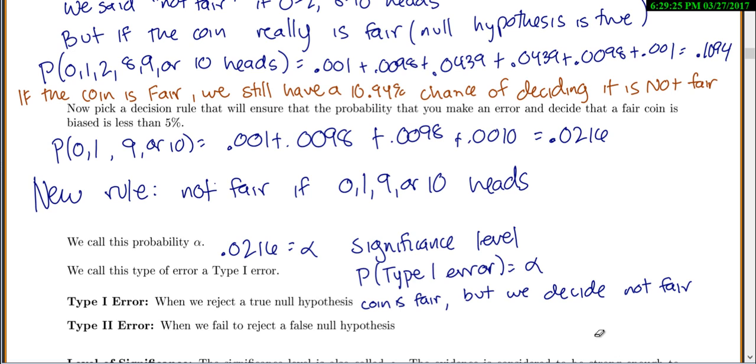And a type 2 error is when we fail to reject a false null hypothesis, which would mean that the coin is not fair, but we decide it is fair. So if we come back up to the previous page, which type of error did we make? Because we made a few errors, didn't we, on our coins?